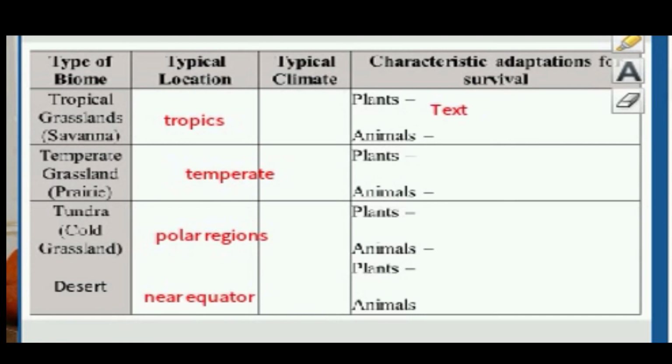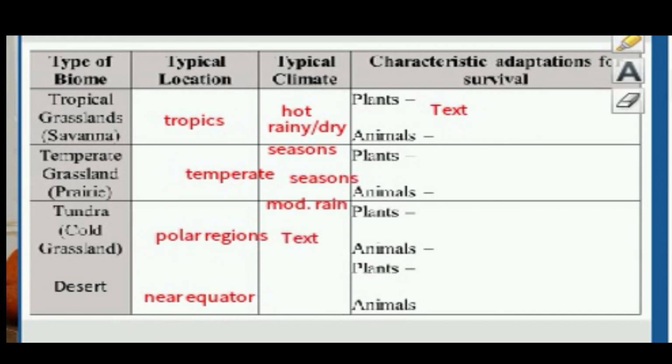Your tropical grassland is going to have hot, rainy and dry seasons. Okay, your temperate grassland is going to have seasons and usually moderate to low rainfall.